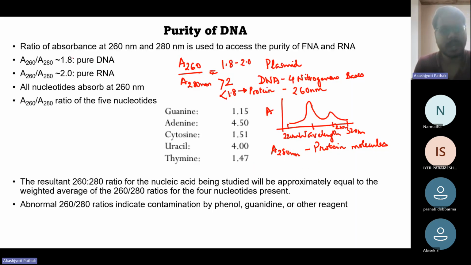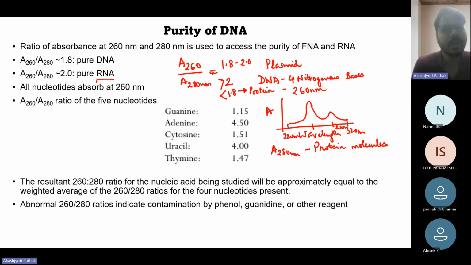Okay. So if the ratio is around 1.8, then my sample is pure DNA. If it is around 2.0 or greater than 2, then it is pure RNA. And if it is less than 1.8, then the sample has protein molecules or might be contaminated with protein.